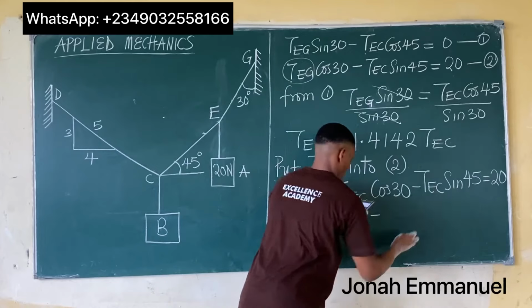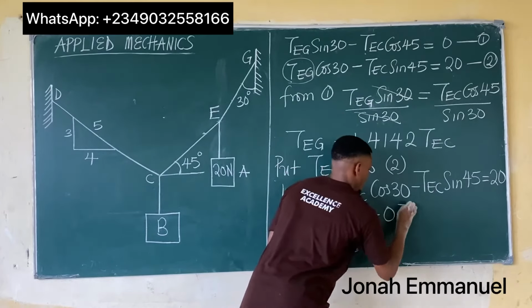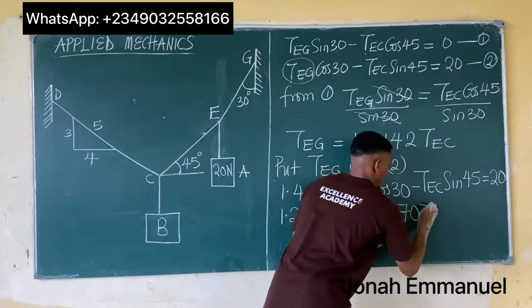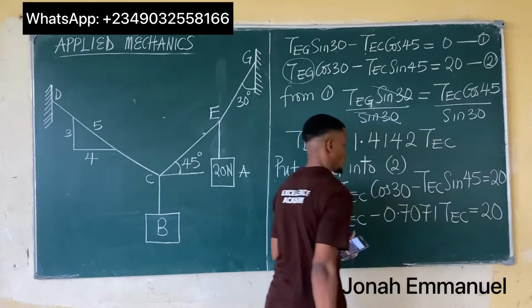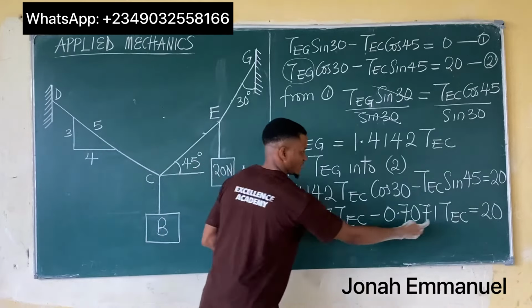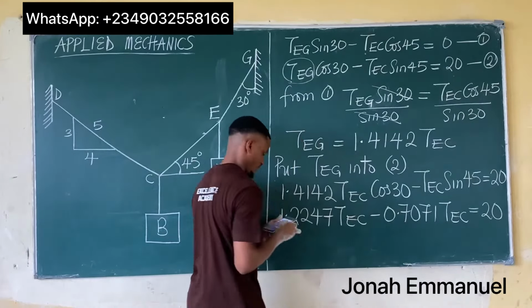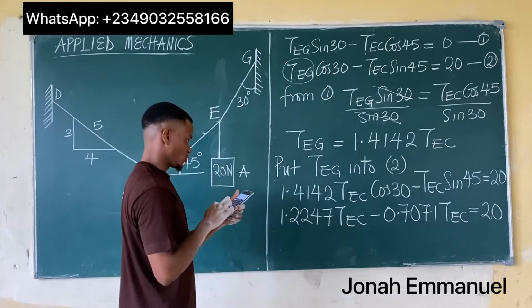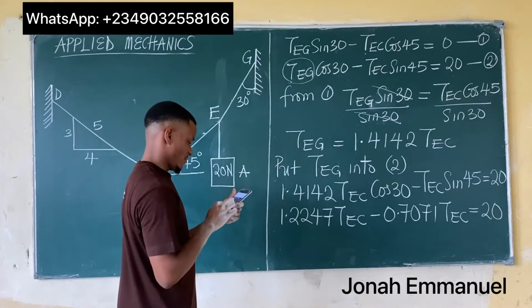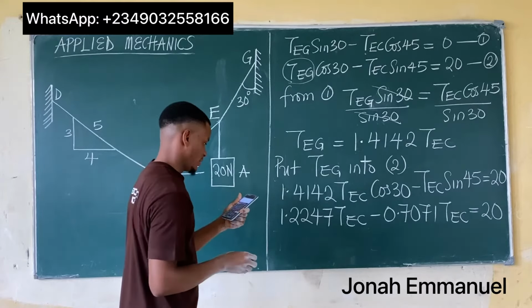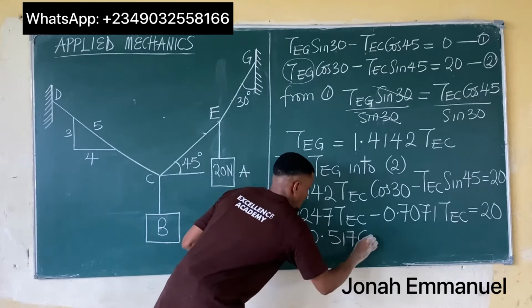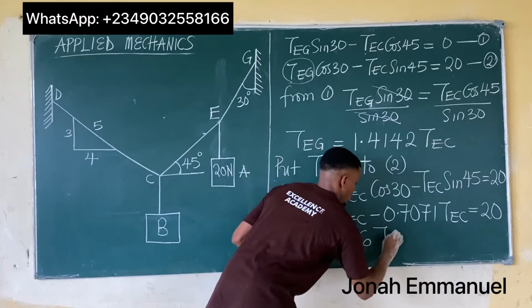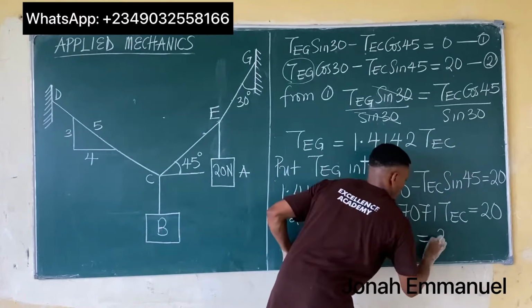So this one here is about 0.7071 TEC is equal to 20. So TEC, we can subtract their coefficients. 1.2247 minus 0.7071, that's about 0.5176 TEC is equal to 20.